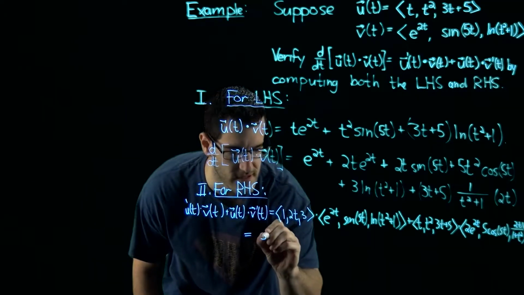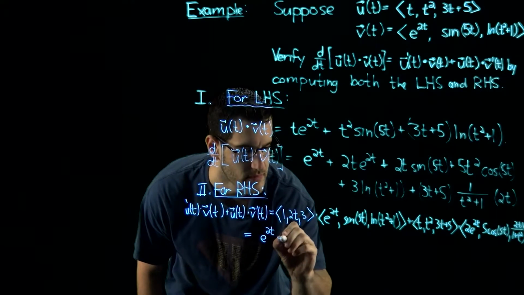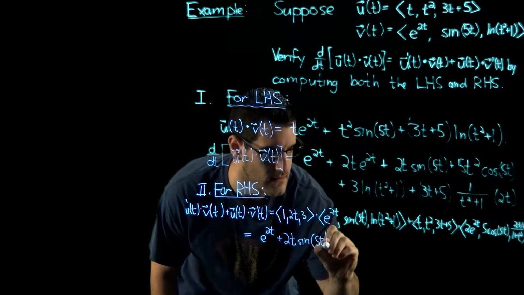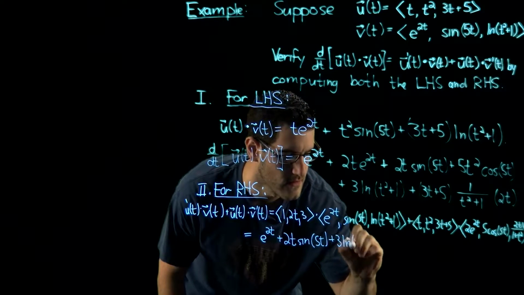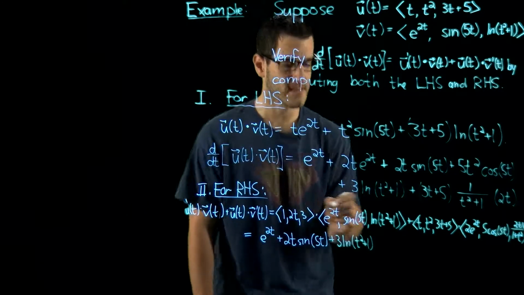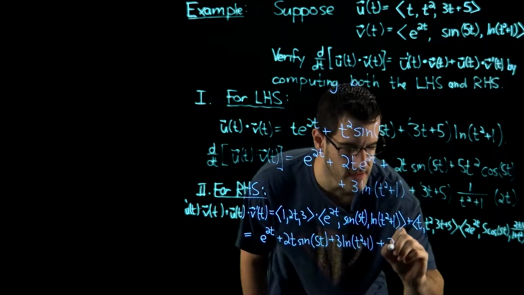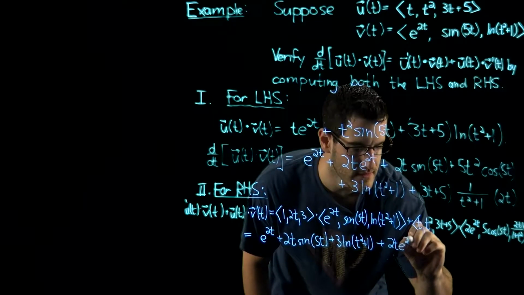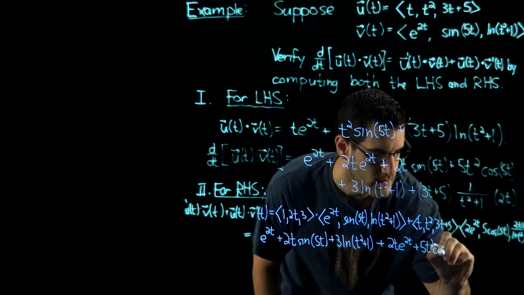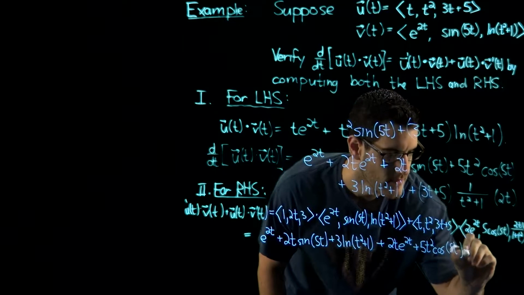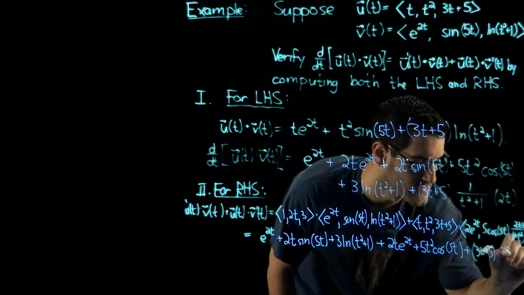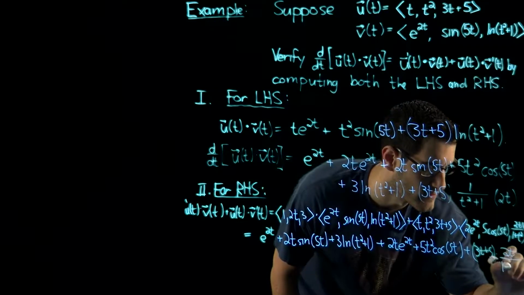So this first one will just give me an e to the 2t plus 2t sine of 5t plus 3 log of t squared plus 1. When I calculate that second dot product, that'll be a 2t e to the 2t plus 5t squared cosine 5t plus 3t plus 5 times 2t over 1 plus t squared.